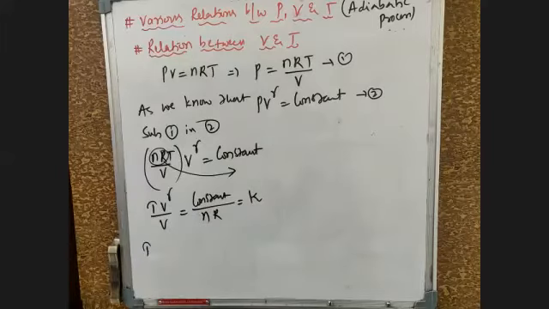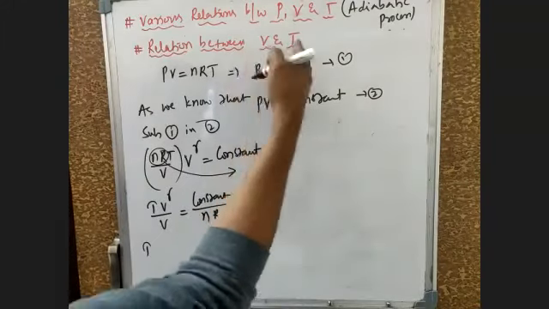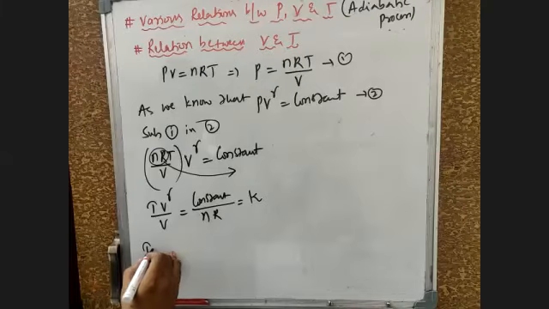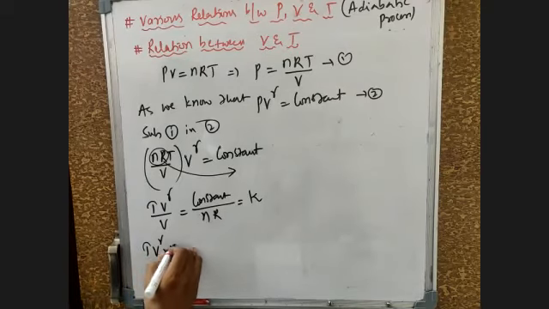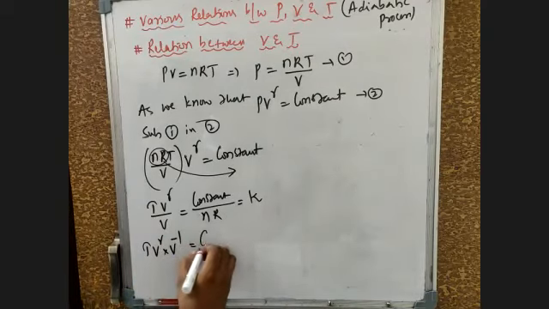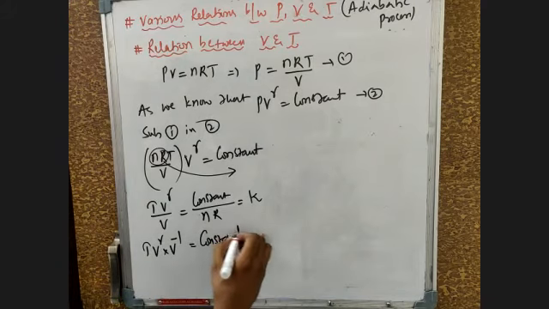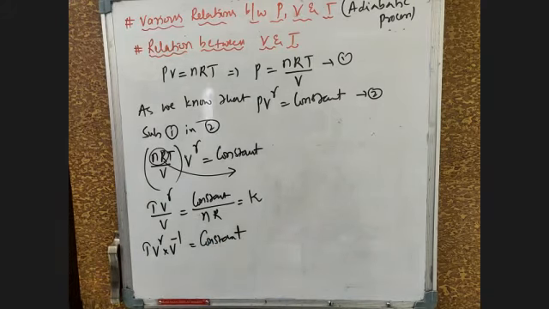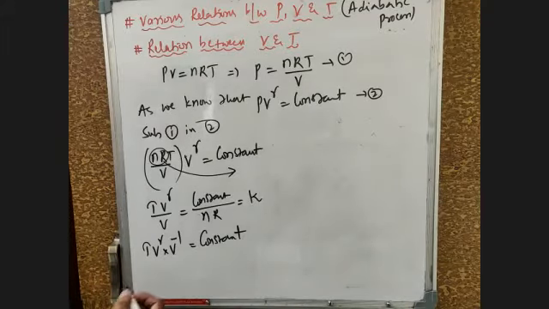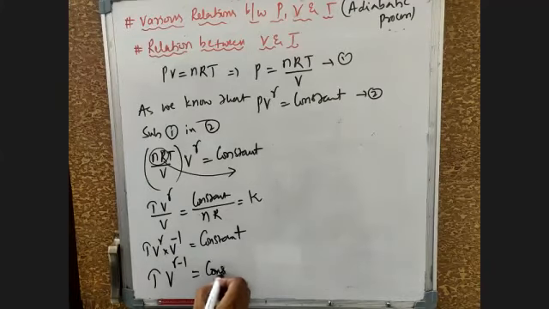Now I've got T V to the power of gamma by V, because I need the relation between volume and temperature. So this is V to the power of gamma into V to the power of minus 1, which is equal to a constant. Now V to the power of gamma into V to the power of minus 1, I can take V common, so it is T V to the power of gamma minus 1 is equal to constant.